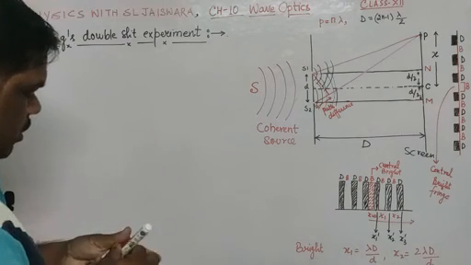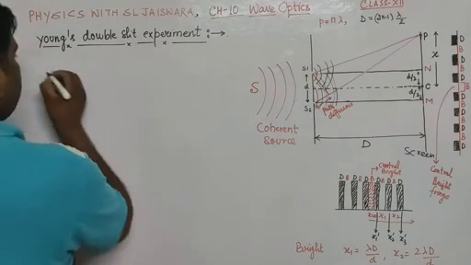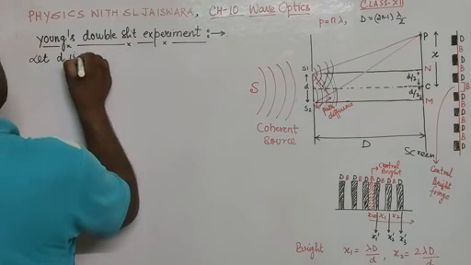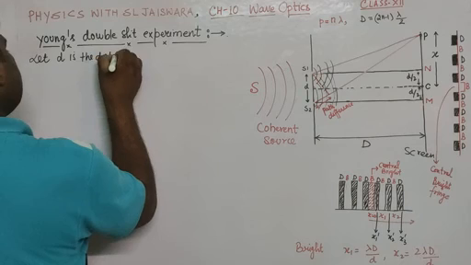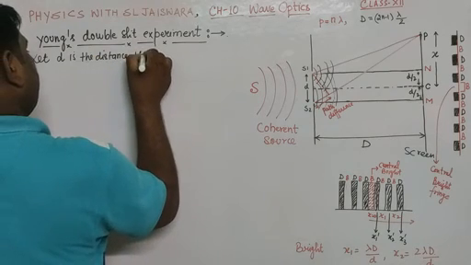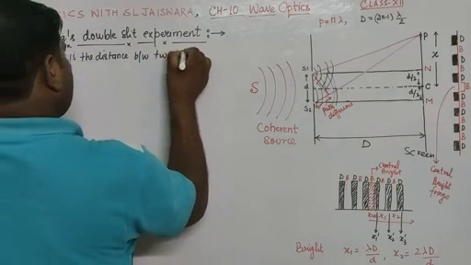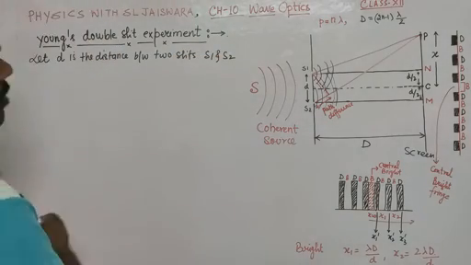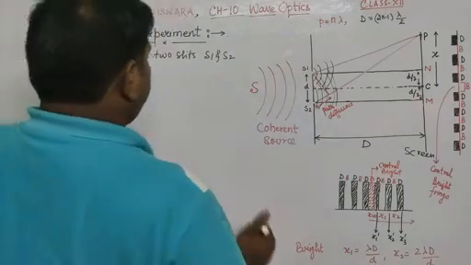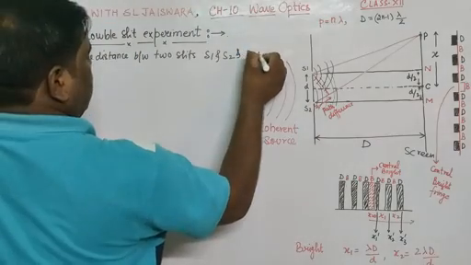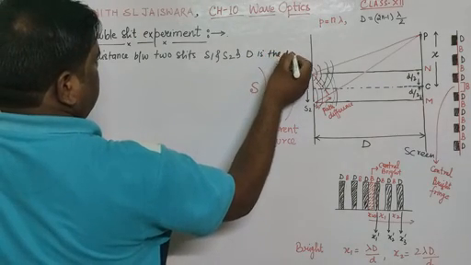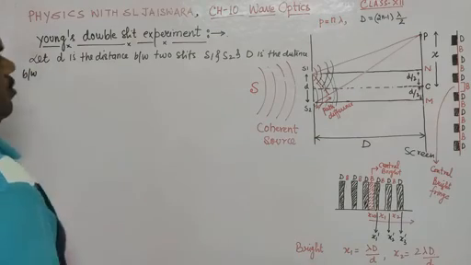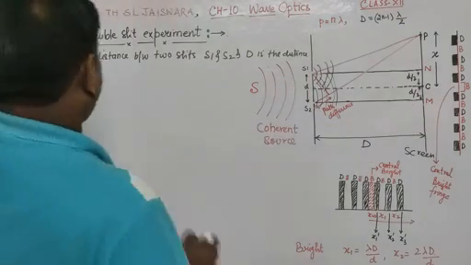Okay, so let small d be the distance between the two slits, that is S1 and S2. This is about small d. What is capital D? Capital D is the distance between slit and screen.